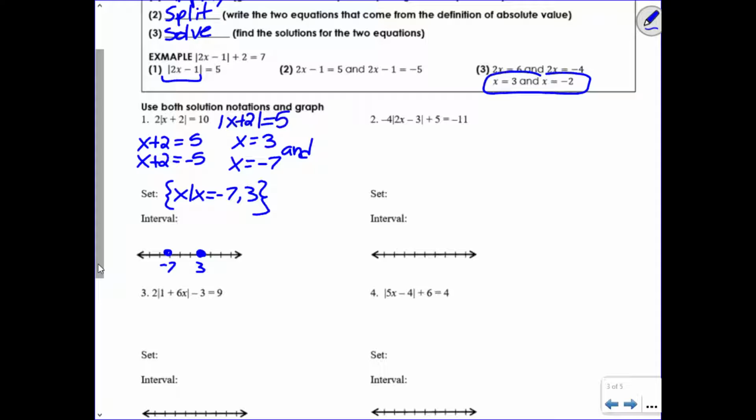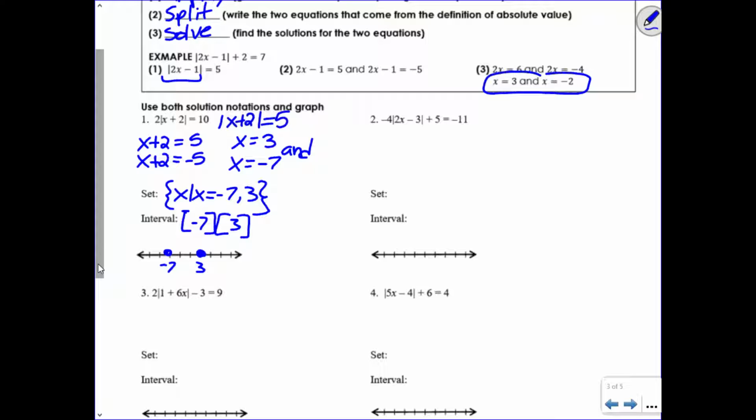Oh, interval, sorry. I already did that. Yep, use the bracket palette for each of those little answers. And now we'll process that. Question?